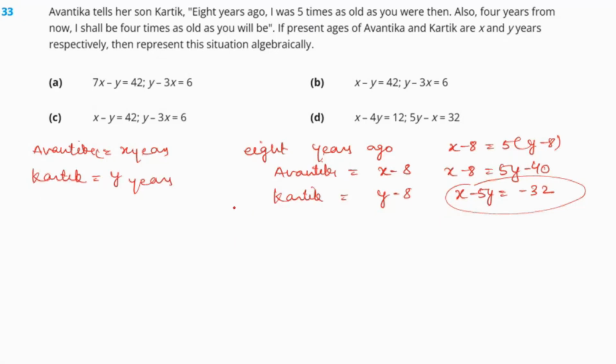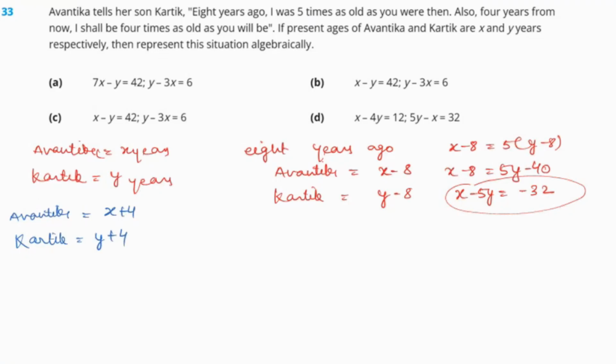Now, if we go with the second case, that is 4 years from now. So 4 years from now, Avantika should be X plus 4 and Karthik should be Y plus 4.